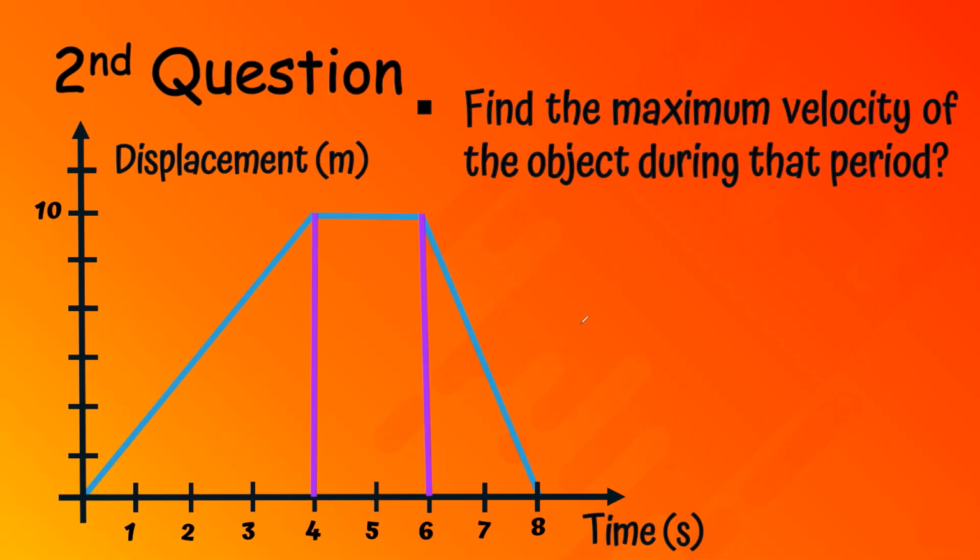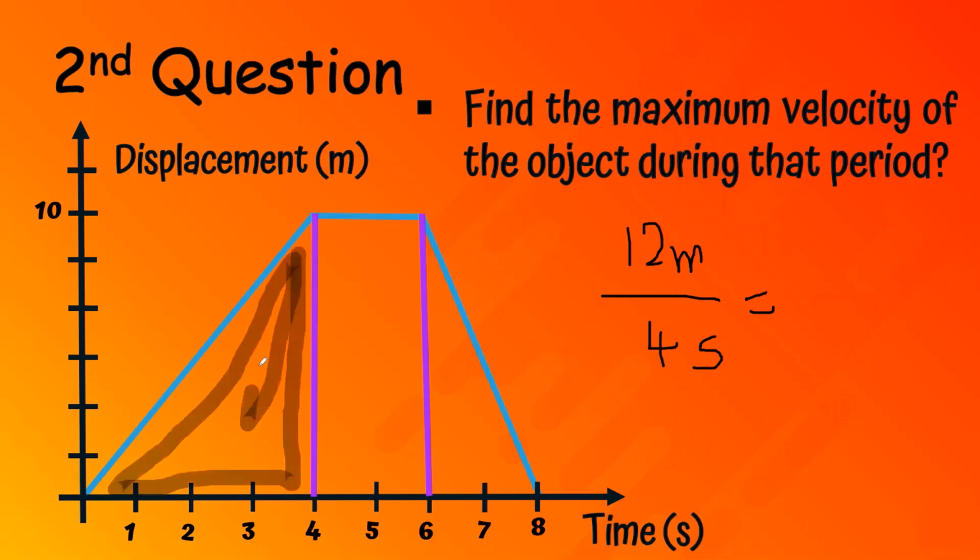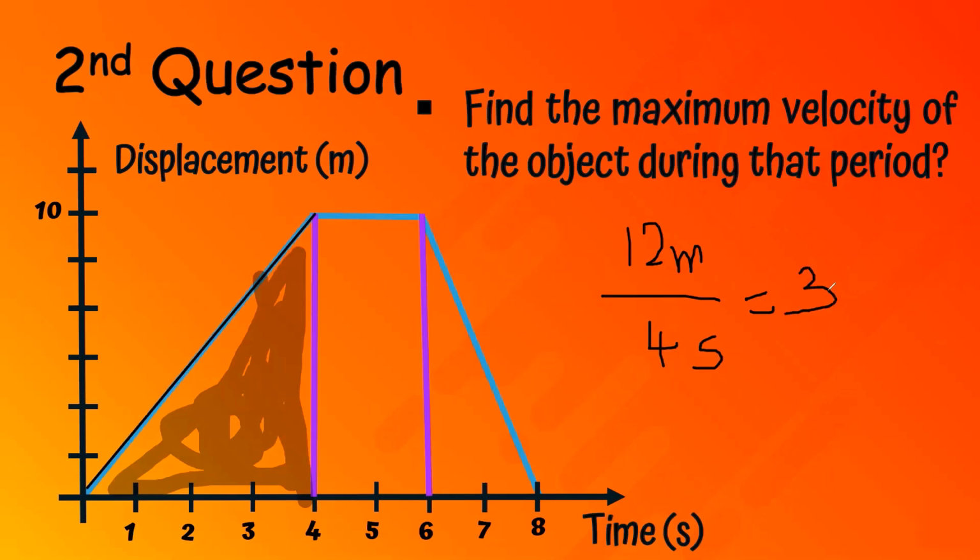We calculated the displacement as 12 meters divided by the time taken, 4 seconds. So the maximum velocity of the object during that period is 3 meters per second. Our final answer is 3 meters per second.